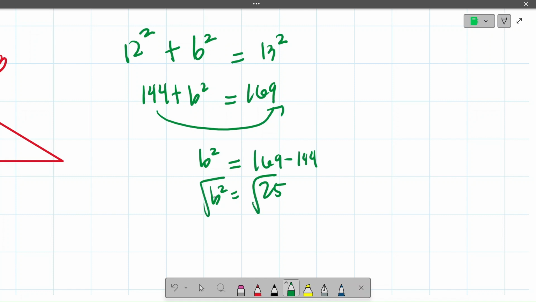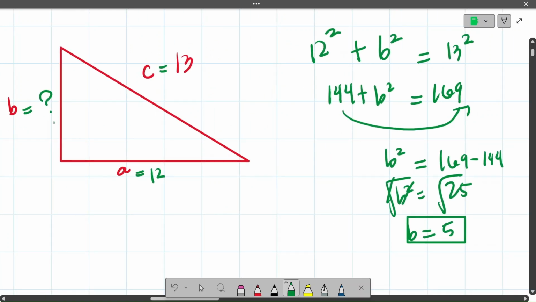Square root, not square. We take the square root of both sides so the square cancels, and only B remains. The square root of 25 is 5. Voila, that's it. Therefore, our B is 5.